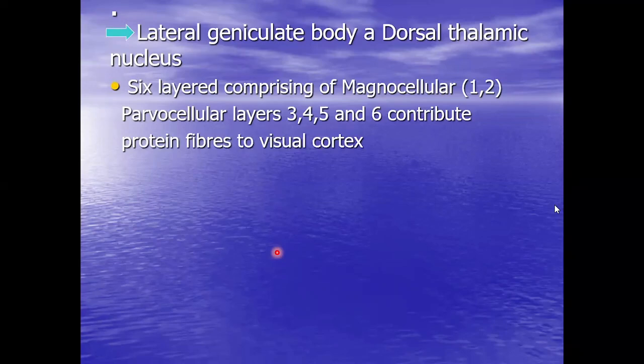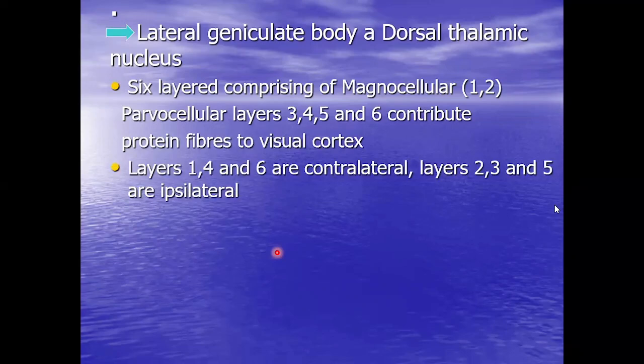Layers 2, 3, and 5 receive ipsilateral input. And this layered structure is somatotopic. That means the neurons carry the same information, the same picture as you see.